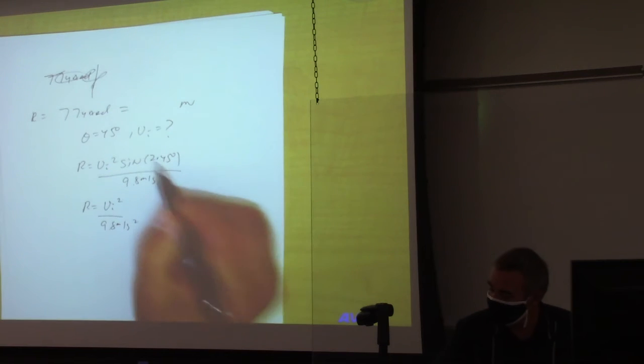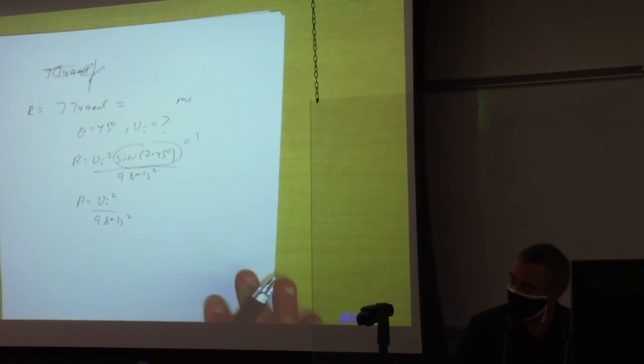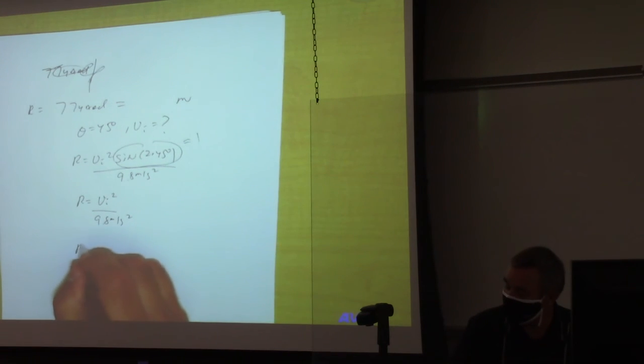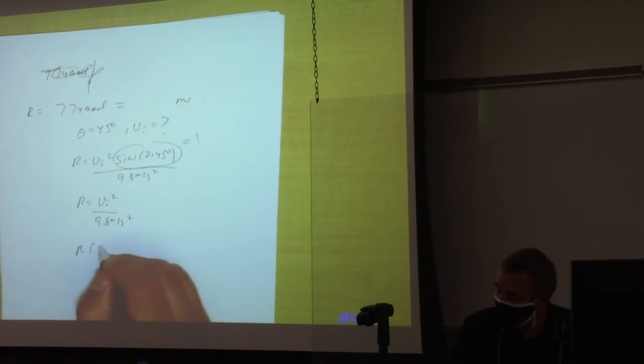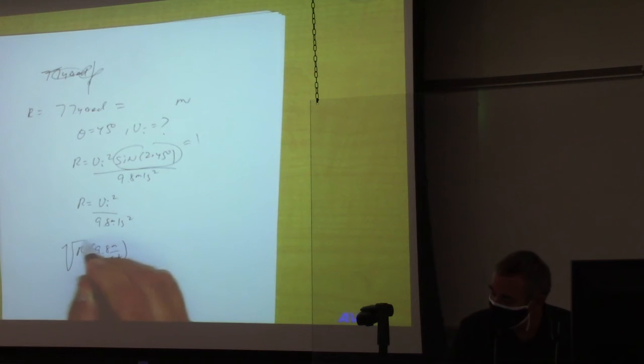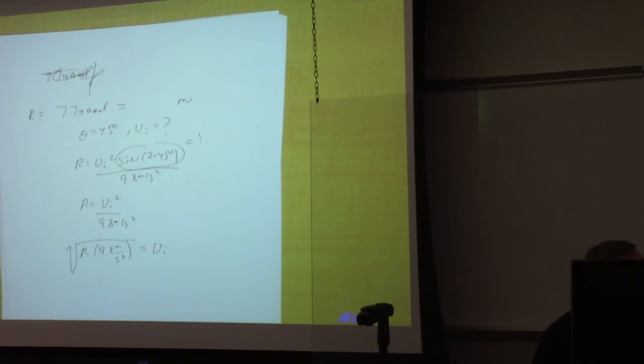So remember, this whole thing here is equal to 1. And then the only thing you don't know is the initial velocity. So range, make sure it's in meters, times 9.8. So I multiplied both sides by 9.8. Take the square root of that. That'll give you the initial velocity then.